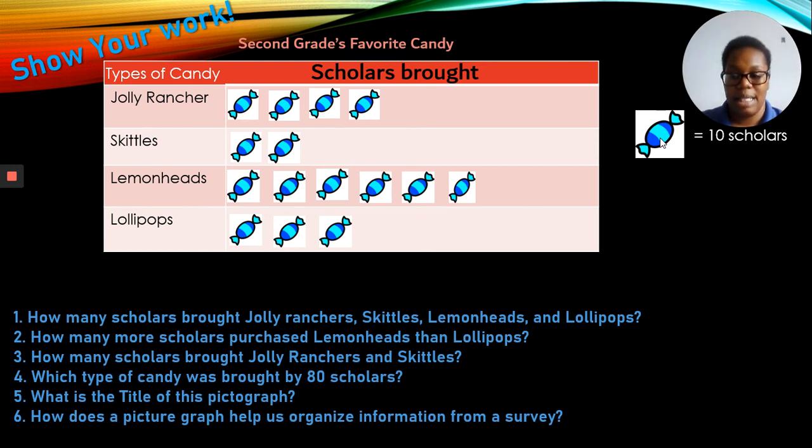What is the title of this pictograph? The next one. How does a picture help us organize information from a survey?